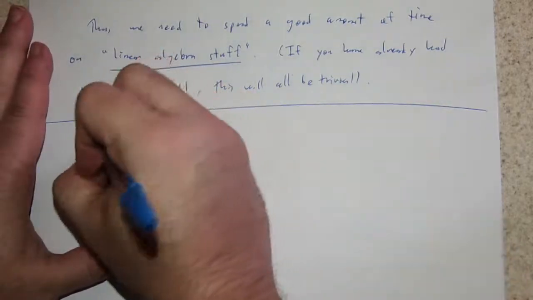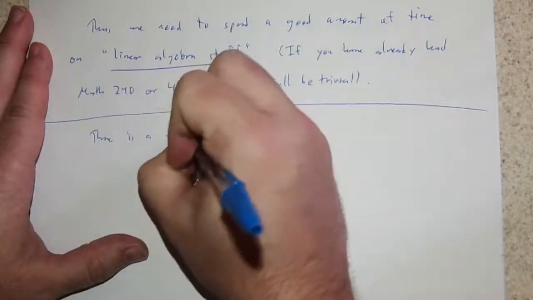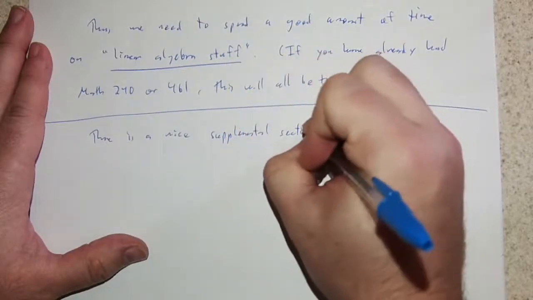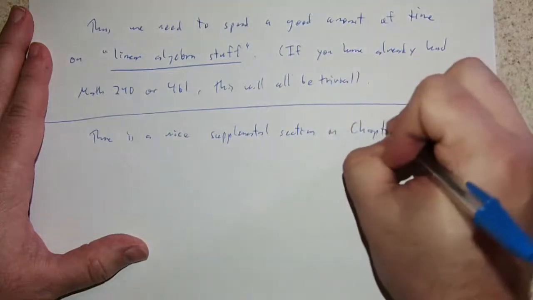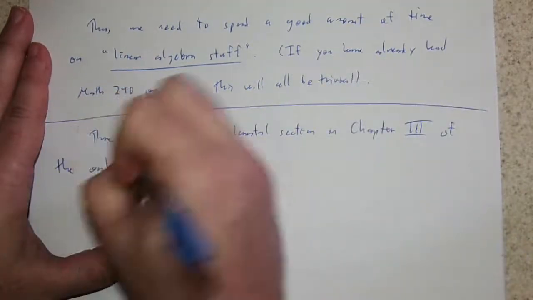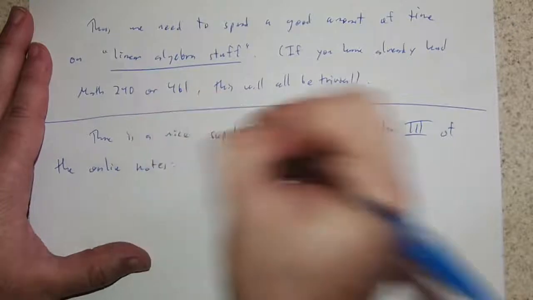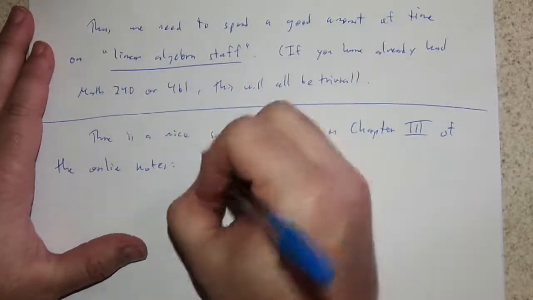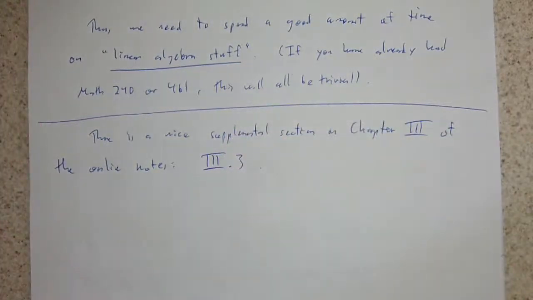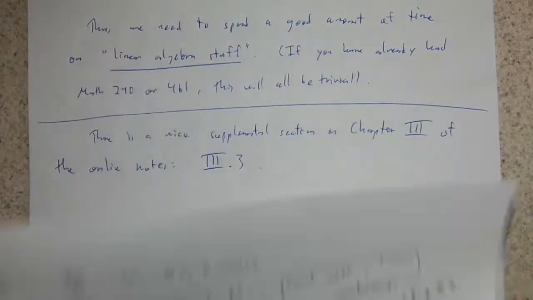This is contained in a nice supplemental section in chapter 3 of the online notes. It's section 3.3, and the title is Supplement: Matrices and Vectors. It covers everything you need to know. Now, it is possible that some of the things I went over before were slightly confusing.